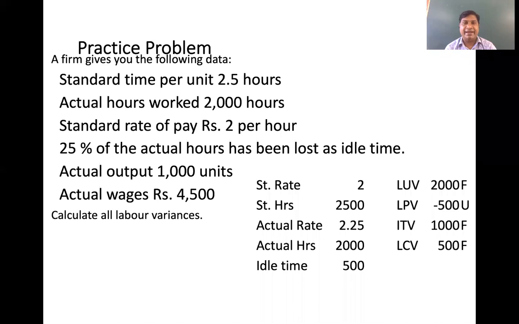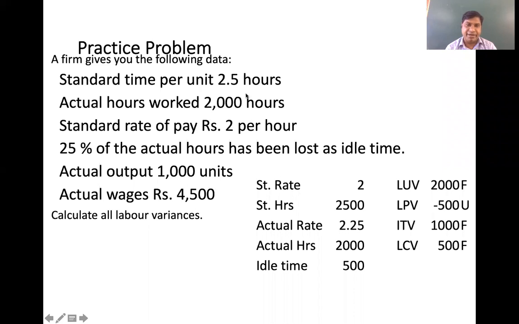And how many hours are worked? There are 2,000 hours you have spent actually. So 4,500 by 2,000. Quickly calculate and tell me. It is 2.25.